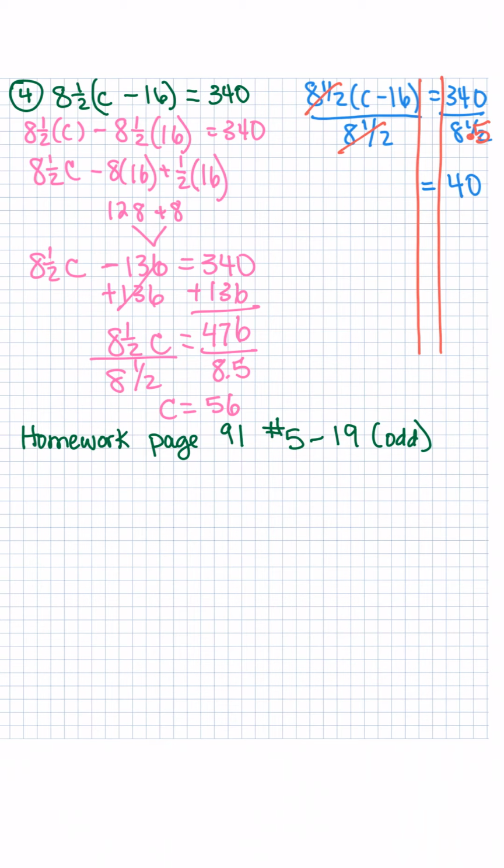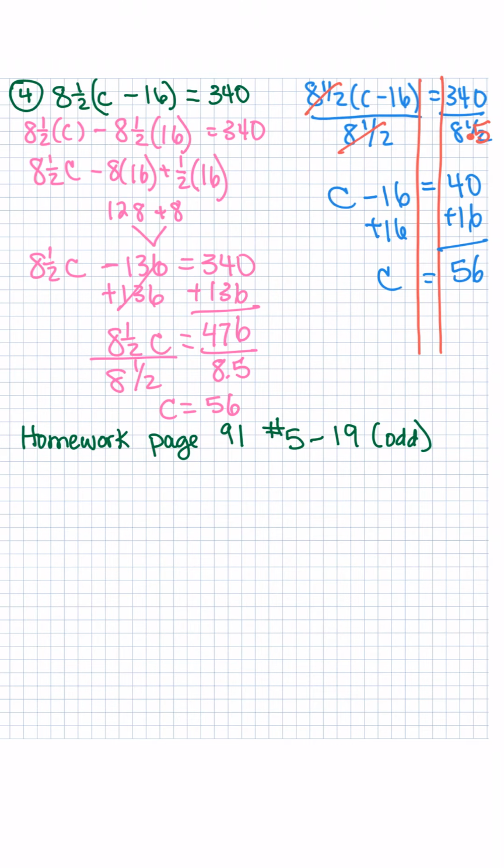And then on this side we have C minus 16. Add 16 to both sides. C equals 56. So you can choose which way is going to be easier for you. This only works if it's being multiplied or divided.